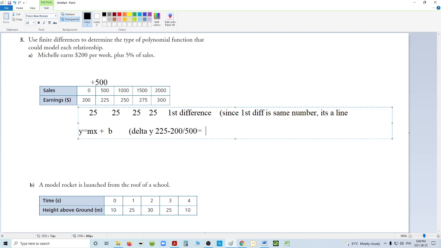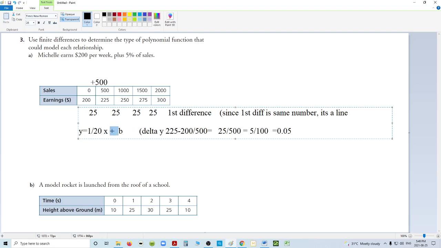So we get 25 over 500, which is the same as 5 over 100, which is the same as 0.05, which means the m over here is 0.05, or you could even have the fraction 5 over 100. Actually, we can simplify that, 1 over 20. So that means its slope is 1 over 20.